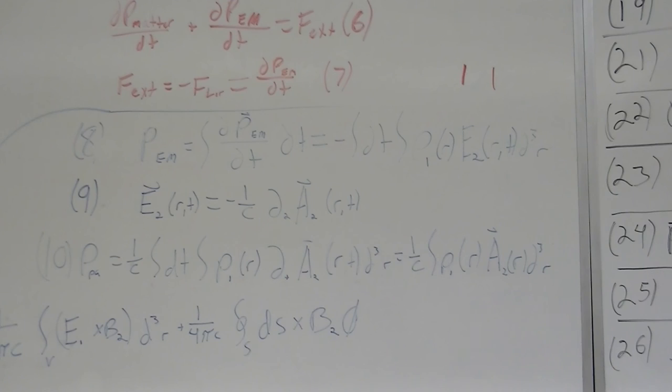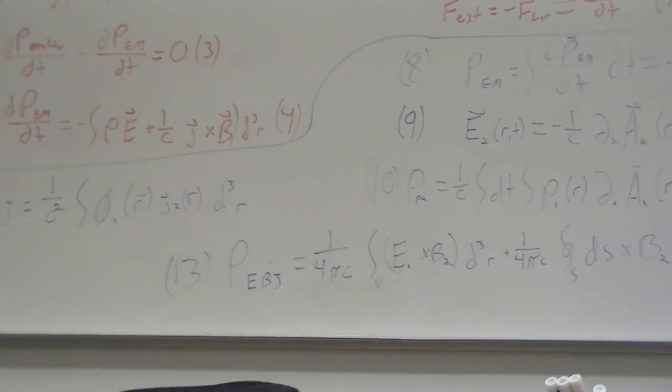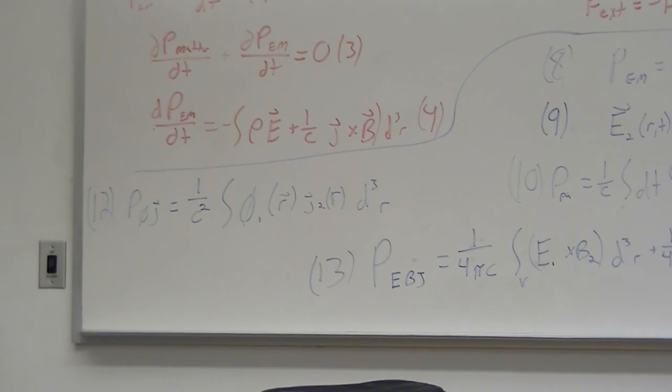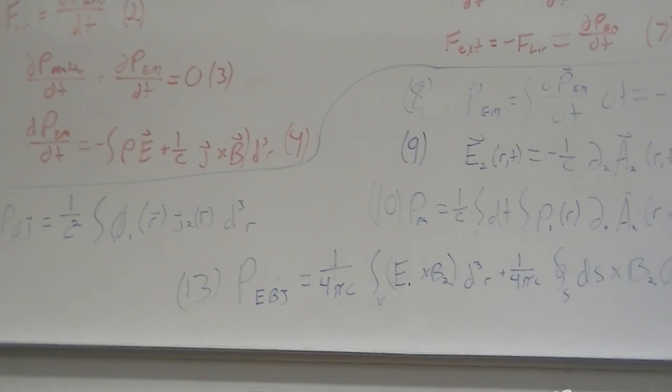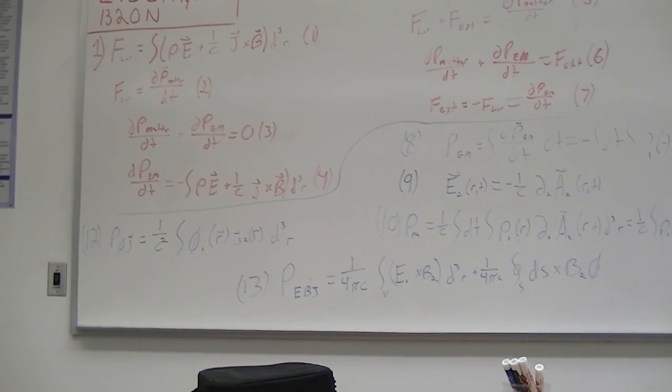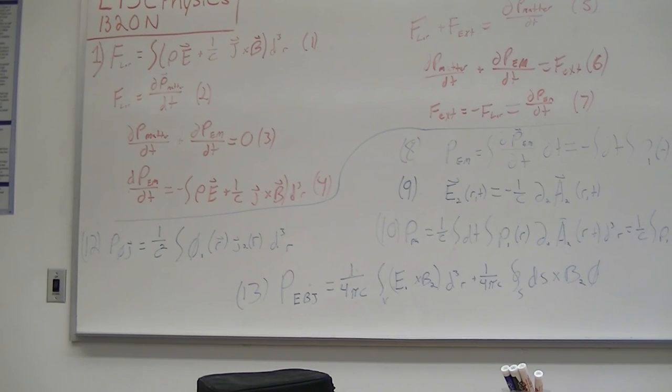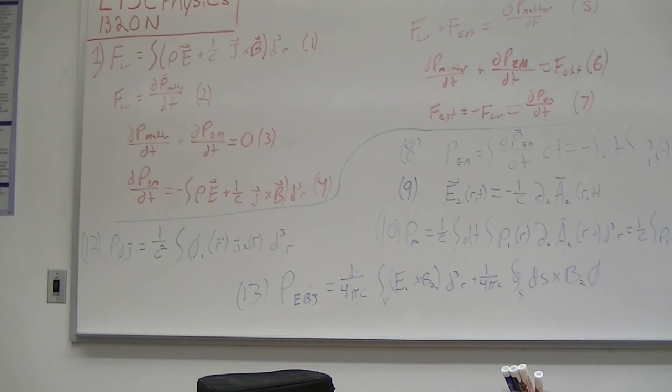Oh, sorry, I did not show these two equations here. Equation 12 is this one at the bottom. Then, by applying Maxwell's equations to equation 12, we get equation 13.